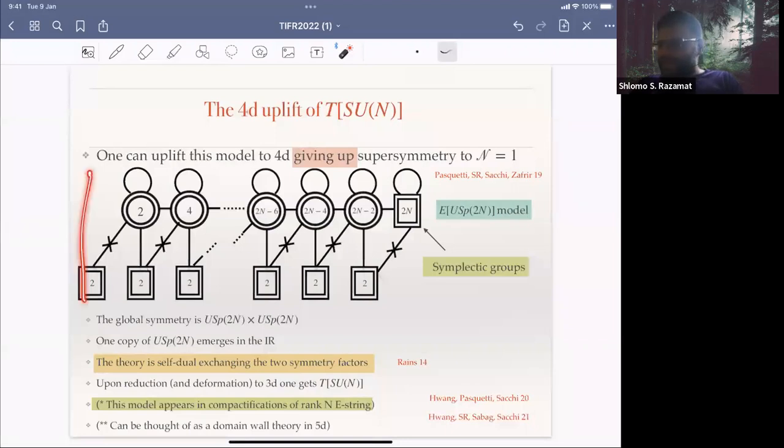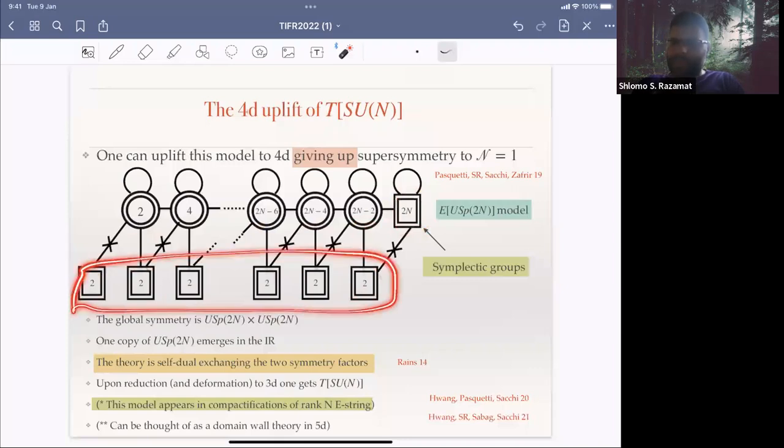So here is a theory which you can construct in 4 dimensions. It has USp types of gauge groups. It again has this nested structure of bigger gauge groups and then smaller ones, but it looks rather different. It's USp gauge groups and there is some additional matter. When you study this theory, it has a USp(2n) global symmetry and then a lot of SU(2) factors of global symmetry.